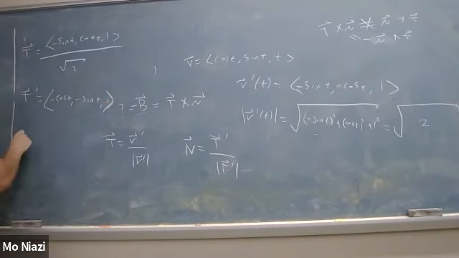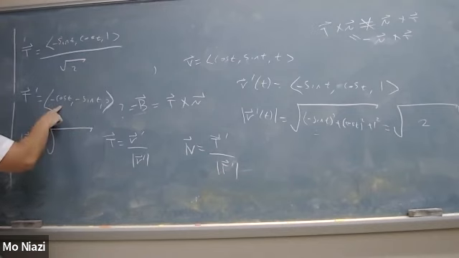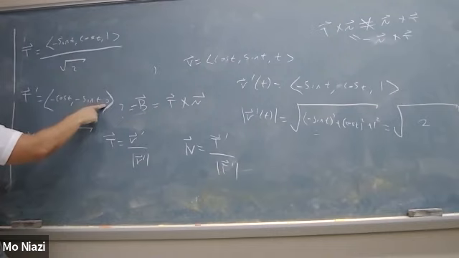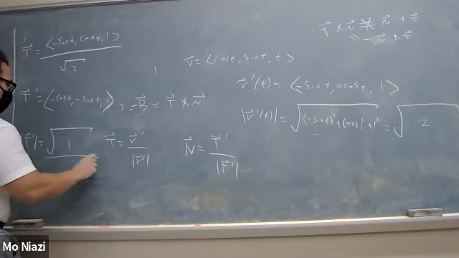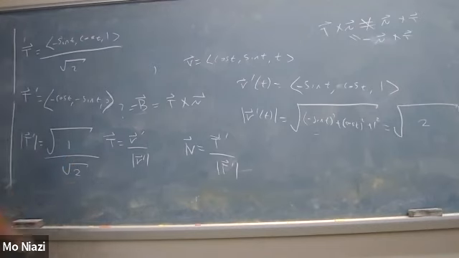Then we need to calculate the magnitude of T prime, which is just the magnitude of this thing. Square root of cosine squared t plus sine squared t, plus a 0. The Pythagorean identity gives me that this is the square root of 1, which is 1. Oh, don't forget, for T prime, the square root of 2 we carried, it's a constant. Oh yes, you're absolutely correct.